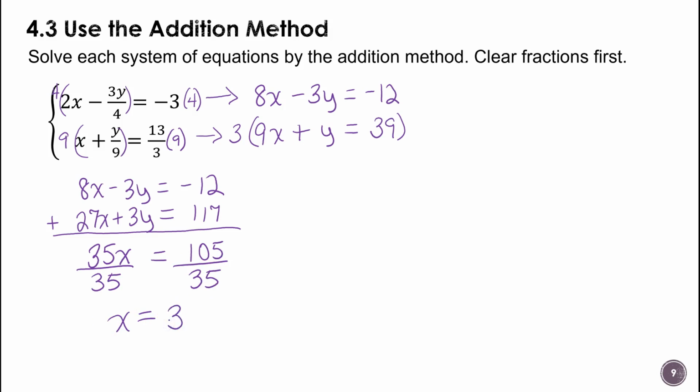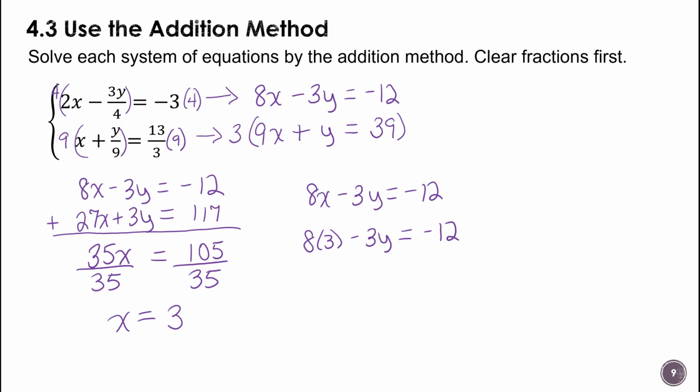Okay, now I don't really like going back to the original equation, so I'm going to go back to the first equation after we cleared the fractions, and I'm going to substitute 3 in for x. So 8 times 3 minus 3y equals negative 12.